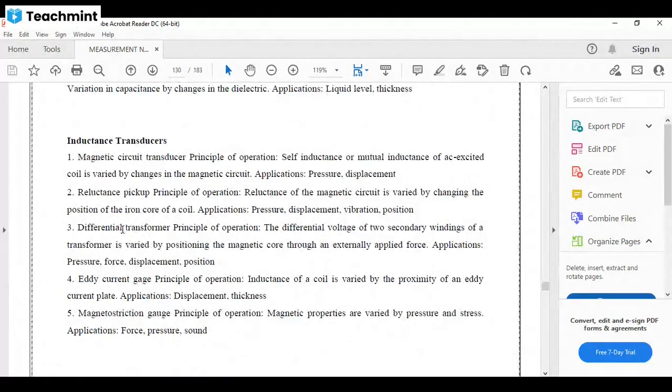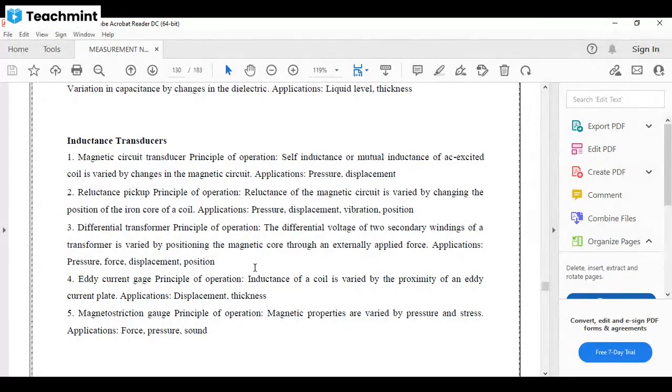Number three is the differential transformer type of transducer. Its principle of operation is that the difference voltage of two secondary windings of a transformer is varied by positioning the magnetic core through an externally applied force. It is also used for pressure, force, displacement, and position measurement.